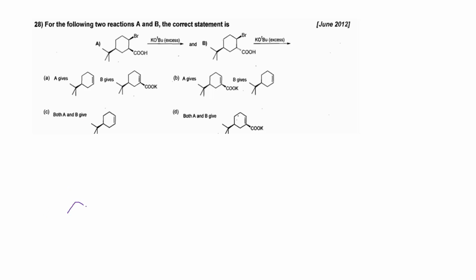So if you draw the cyclohexane, I am drawing A. This bromine is above the plane. The acid is also above the plane.